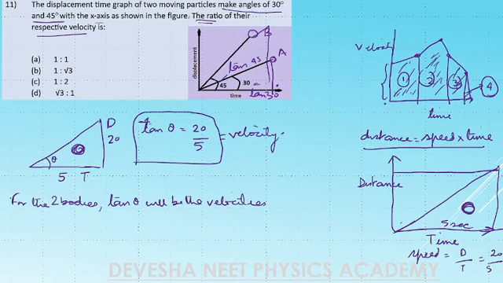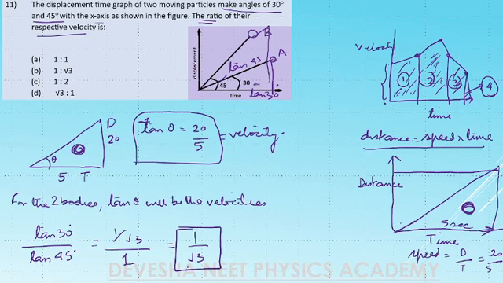The angles are 30 degrees and 45 degrees. We all know tan 30 is 1 by root 3, and tan 45 is 1. So the ratio is 1 by root 3.